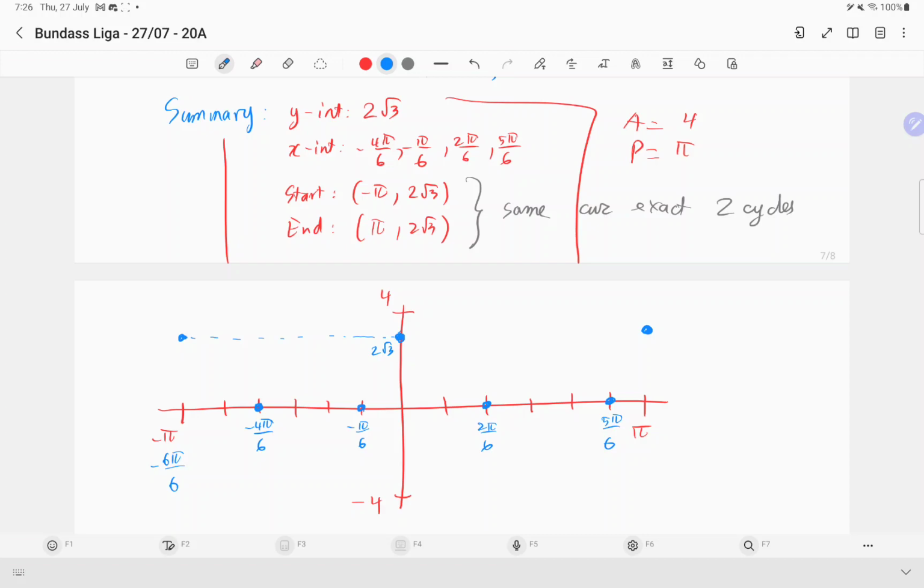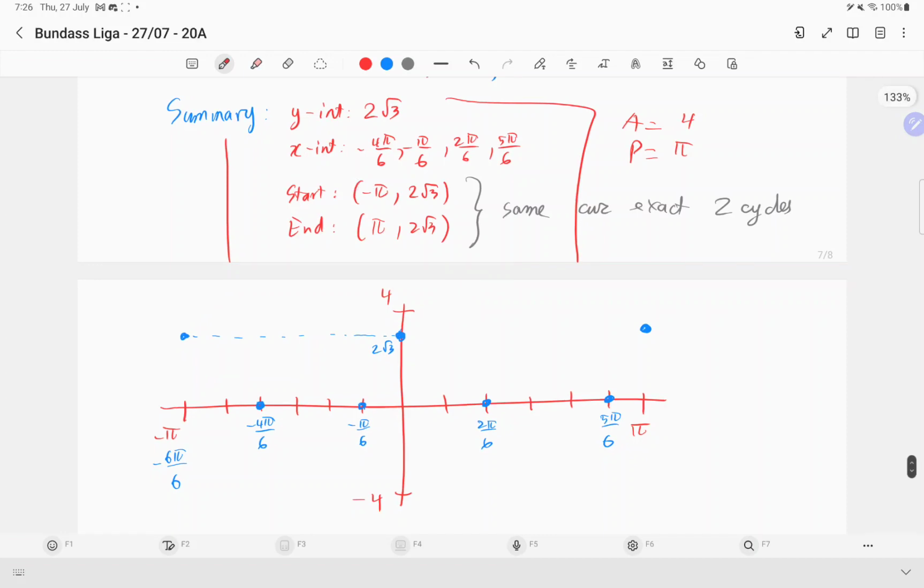So how do we draw this though? Like, how do we actually draw this? So the start point is here, but does it go up or does it go down? What do you think? Again, the equation is 4 sine of 2 times x plus pi on 6. Does it go up?